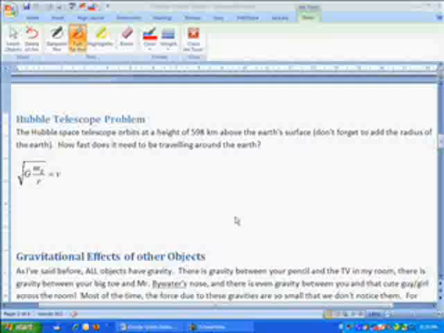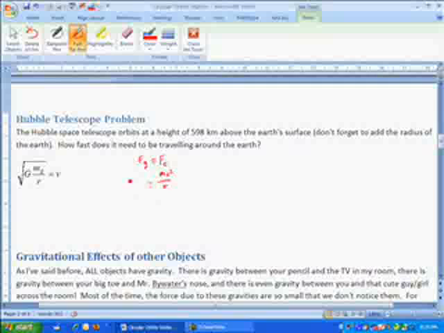Okay, so the first problem deals with the Hubble Space Telescope orbiting at a height of 598 kilometers above the Earth's surface, and it's asking how fast it needs to be traveling. Now this equation right here comes originally from Newton's law of gravitation, and in this case gravity is causing the centripetal force, and so the centripetal force is mv squared over r.